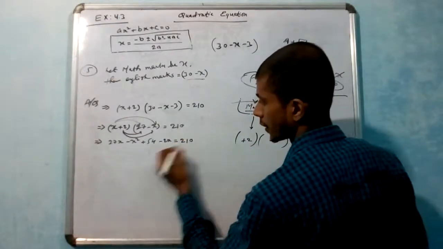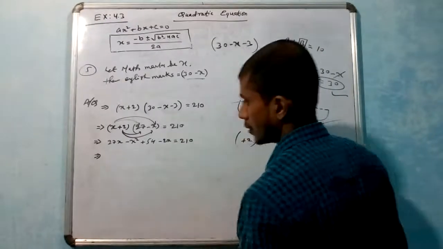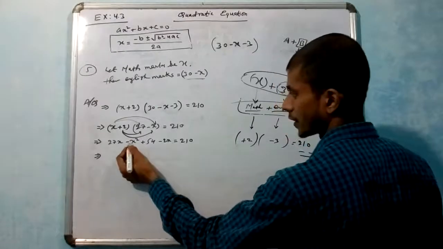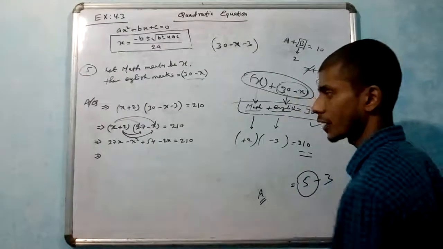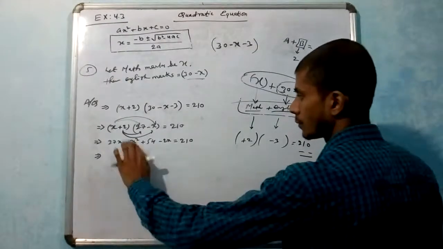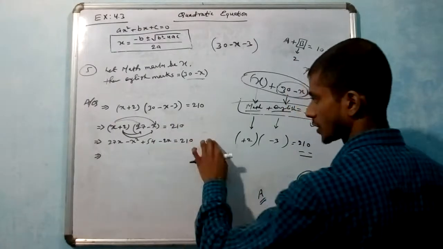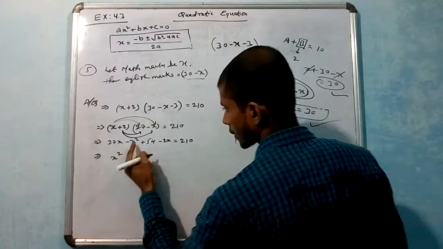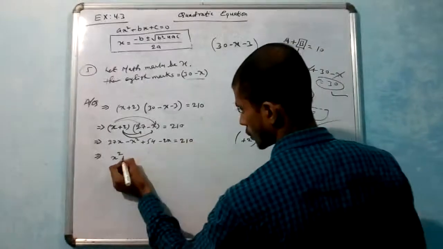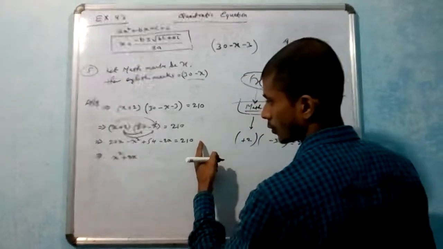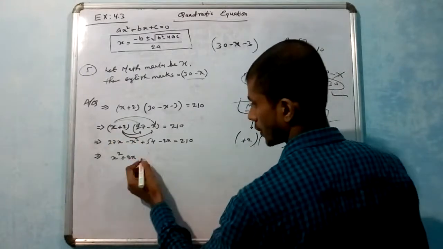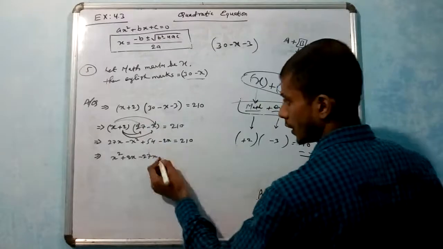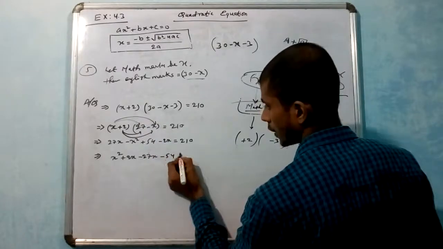Then can I bring all these values to this side? Because I see here x square is minus, so I prefer to keep x square as plus. So let me bring this x square to this side, and minus 2x to this side, it will become all plus. So it becomes x square plus 2x minus 27x, and then minus 54 and then plus 210 is equal to 0.